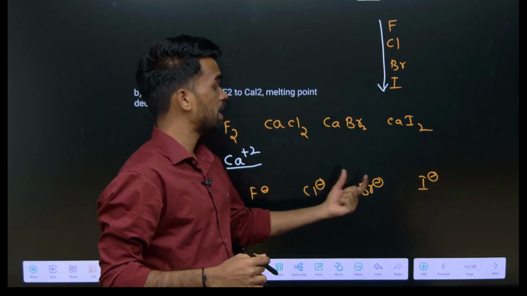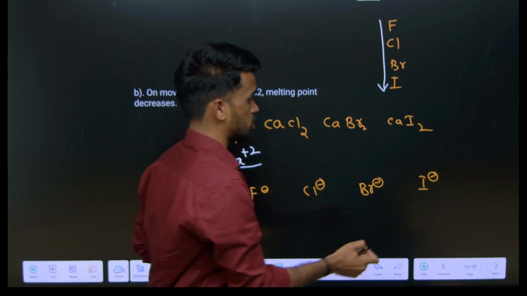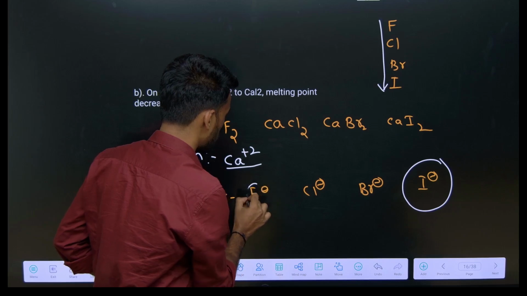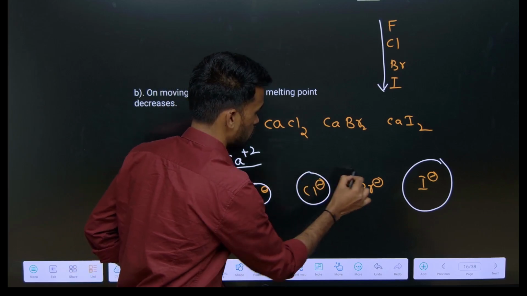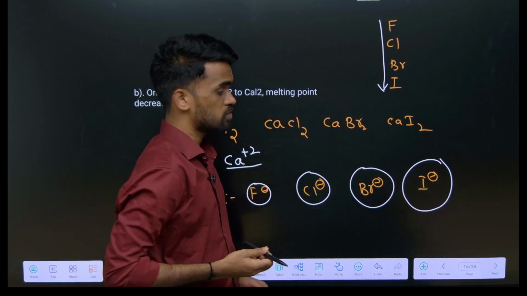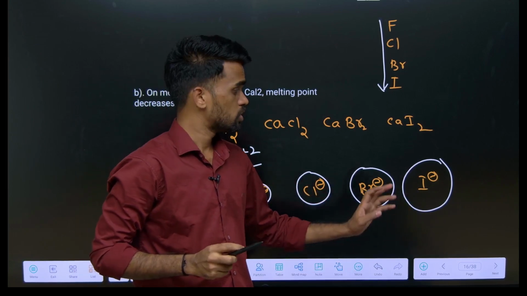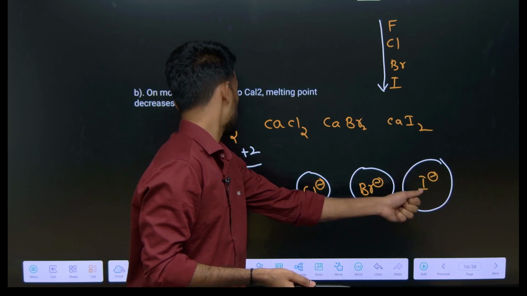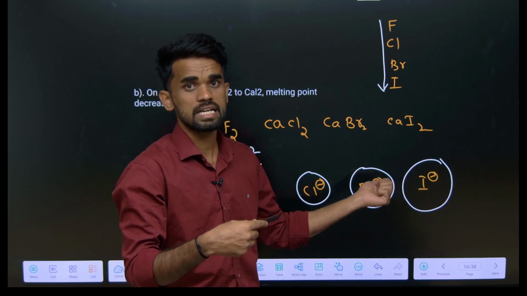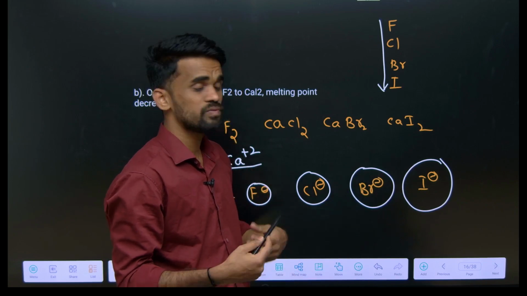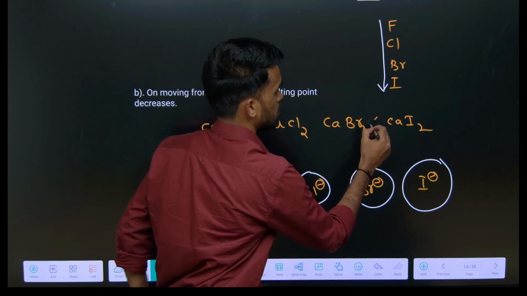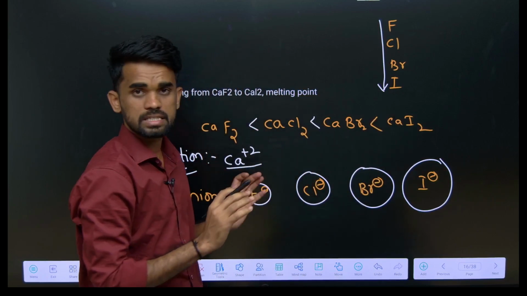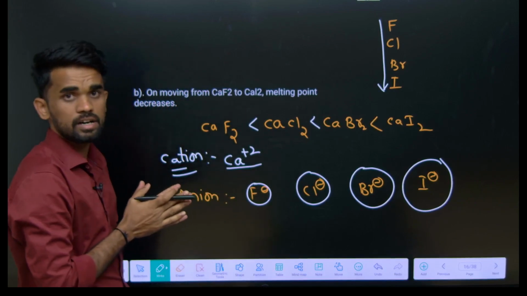Which anion is larger in size? Iodide is larger than fluoride, and then bromide. We know a larger anion has more polarizability, therefore the resulting compound will be more covalent. So which is more covalent here? CaI2 will have more covalent character. I hope this is clear how we solve this kind of question.